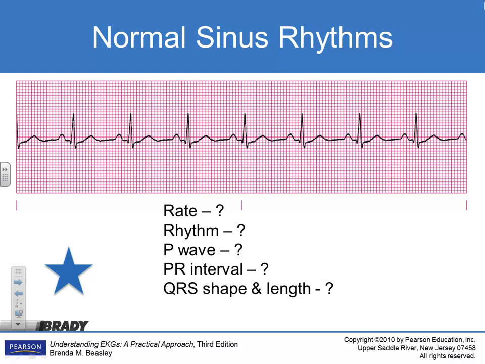P wave. It's upright and uniform. It's present. PR interval. 0.16. Okay. QRS. What's the shape? It's tight, normal, upright, and what's its interval?